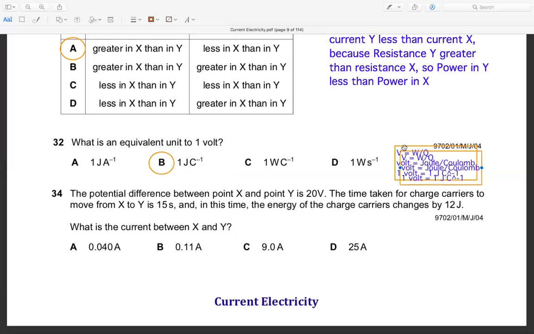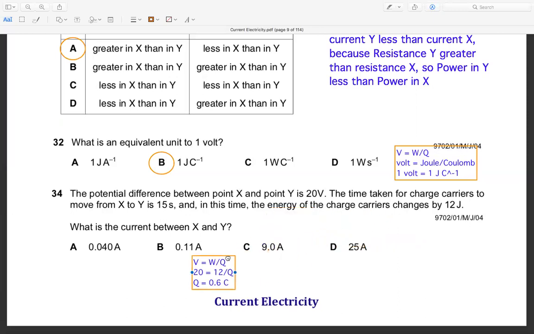I copy this formula, V equals to W over Q. So we have 20 volt, equals to 12, ini yang 12, dan ini adalah Q. So Q equals to 12 divided by 20, or 0.6 coulomb.